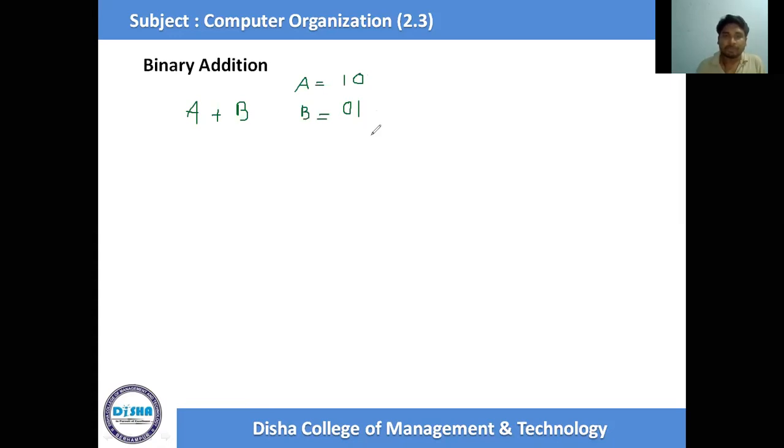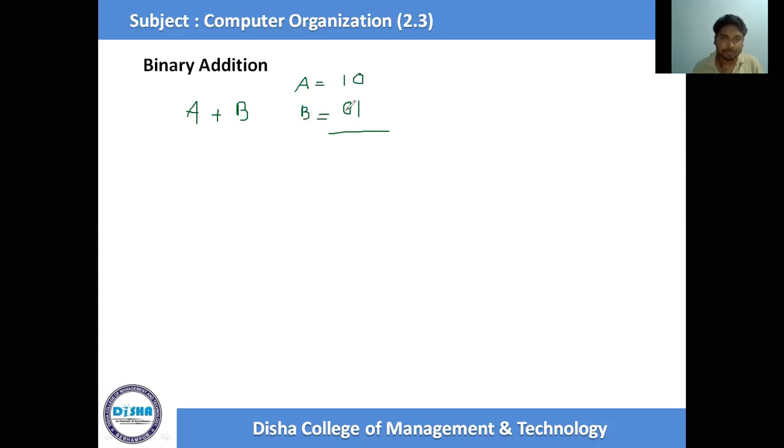We can add different bit numbers also, for example, A is a 2-bit number and B can be 1-bit or 3-bit or 4-bit number. The addition is possible, there is no problem. If we add these two numbers, as we discussed in the full adder and half adder, this is the first stage of addition, this is the second stage.